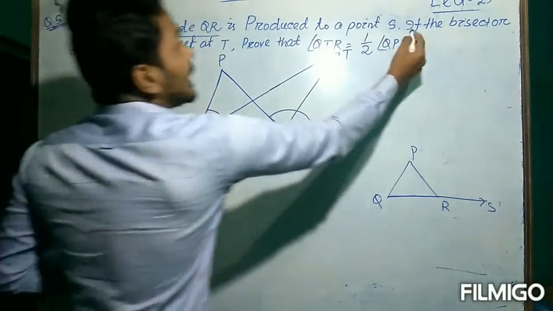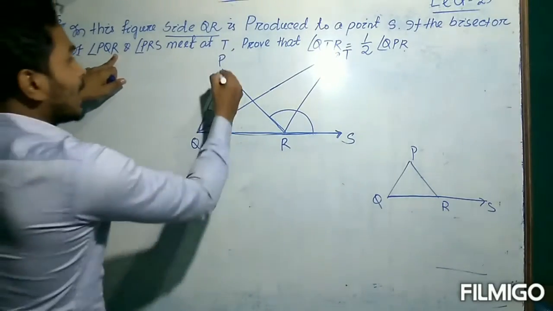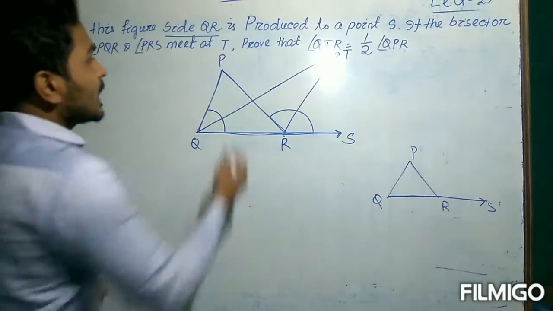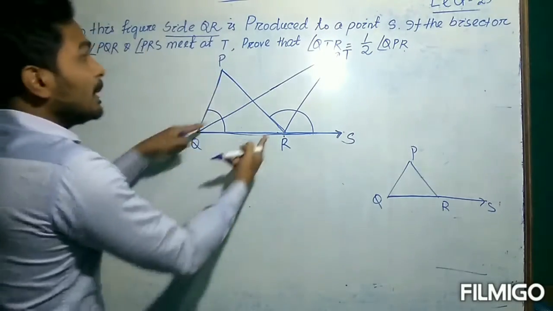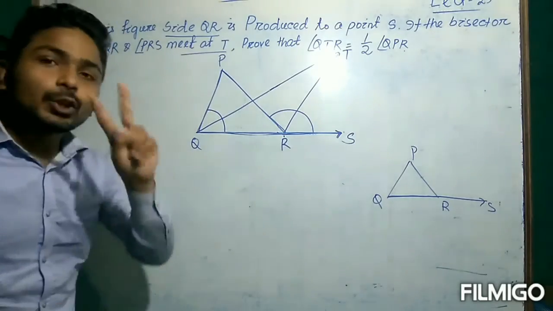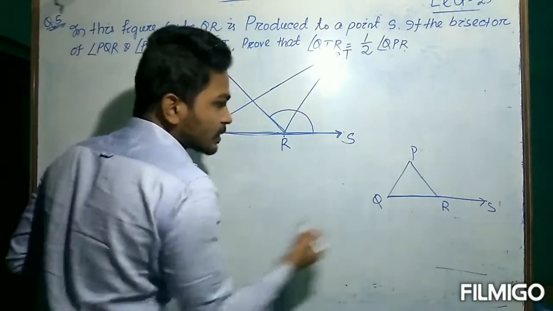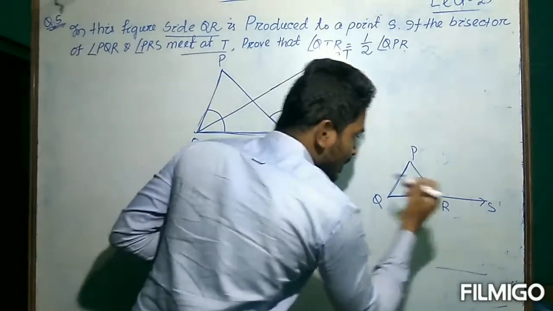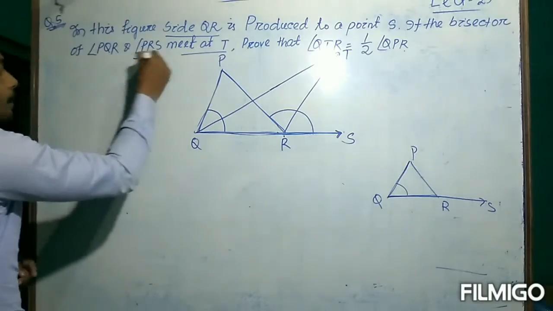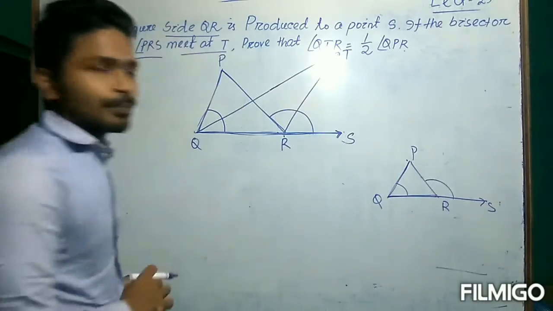Suppose this is the triangle PQR, then the QR side is produced to the right hand side up to S. If the bisector of angle PQR and angle PRS meet each other at T. So it is given that there are two angle bisectors, one for the angle PQR and one for the angle PRS, this angle.